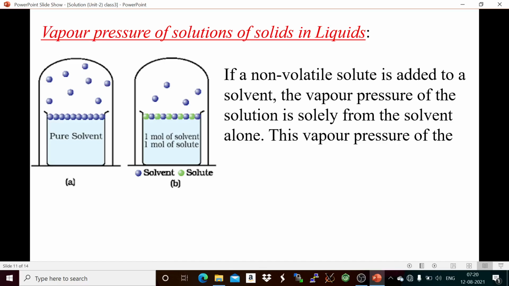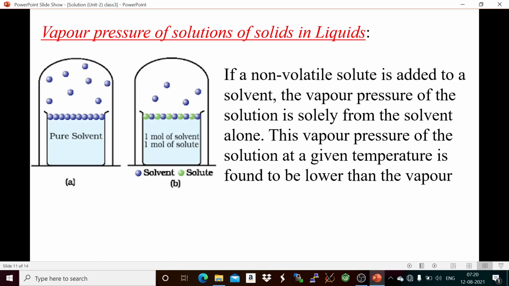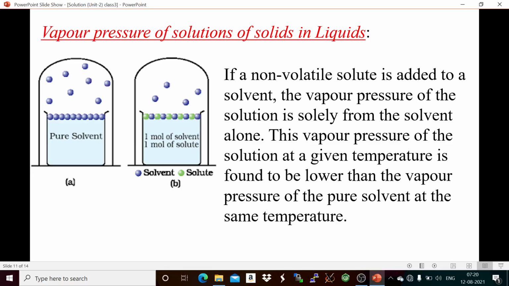This vapor pressure of the solution at a given temperature is found to be less than the vapor pressure of the pure solvent at the same temperature. The vapor pressure of the solution is less than that of the pure solvent because the escaping tendency decreases, just because the solute is non-volatile.